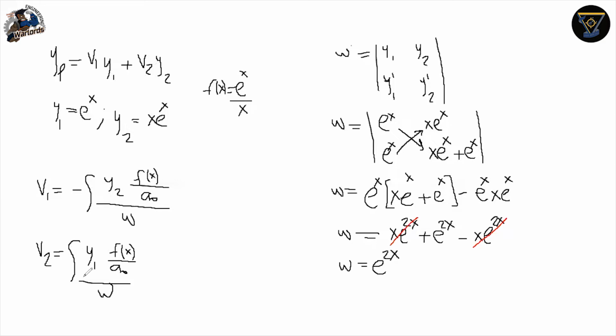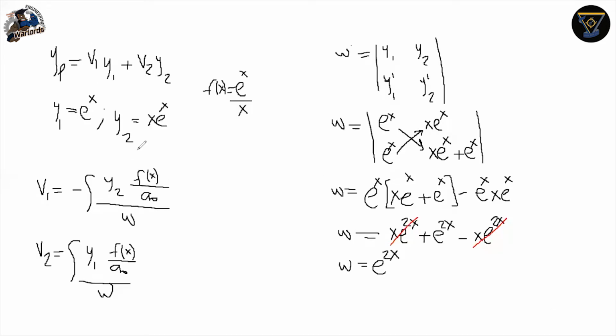And v2 is the formula for this. So we have our f of x, which is this. We have our a naught, which is 2. Our Wronskian value now, which is e to the 2x. So all we need to do now is just to sub in everything and then just integrate it. So that's what we're going to do now. So we're going to start with V1.